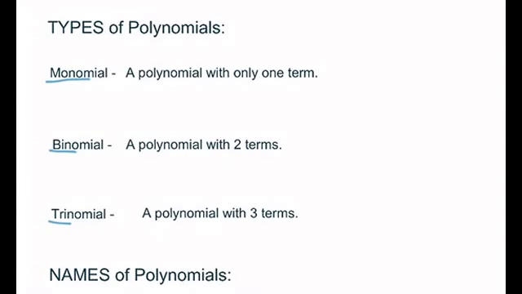So a monomial is a polynomial with exactly 1 term, a binomial has exactly 2 terms, and a trinomial has exactly 3 terms. Now it's very important for us to understand that term means you can have multiplication, but once you add or subtract, you create a new term.